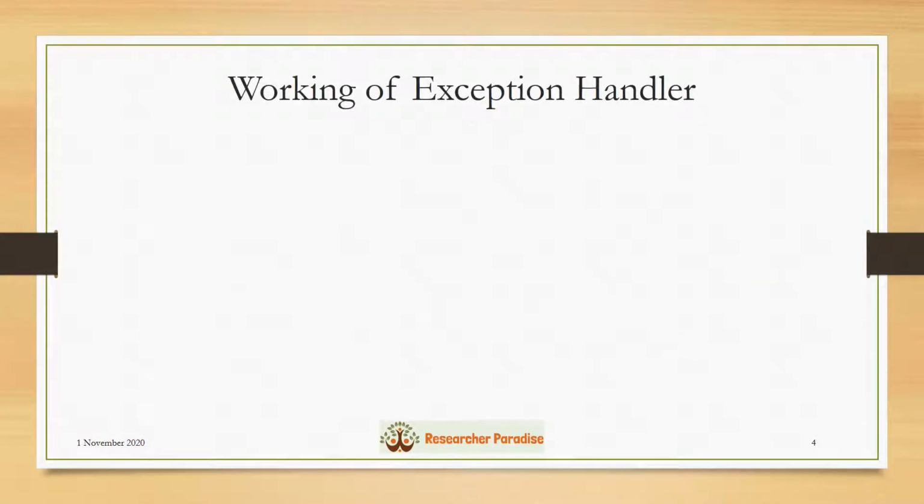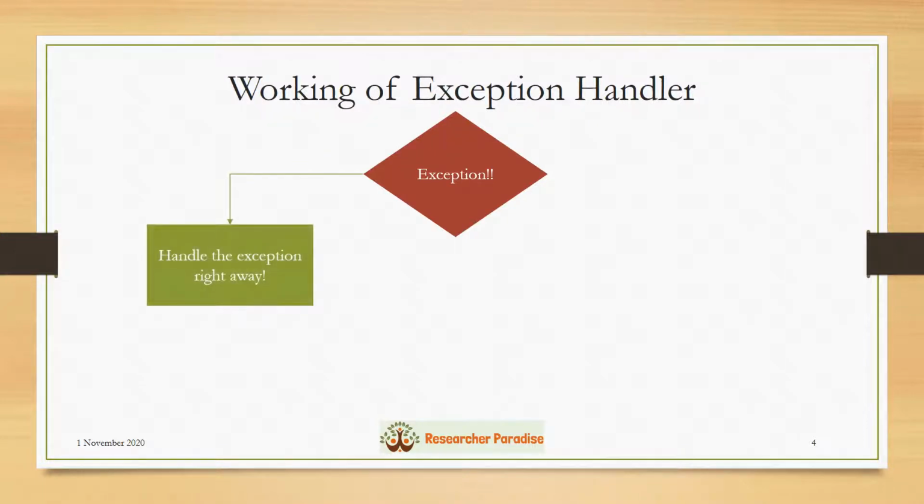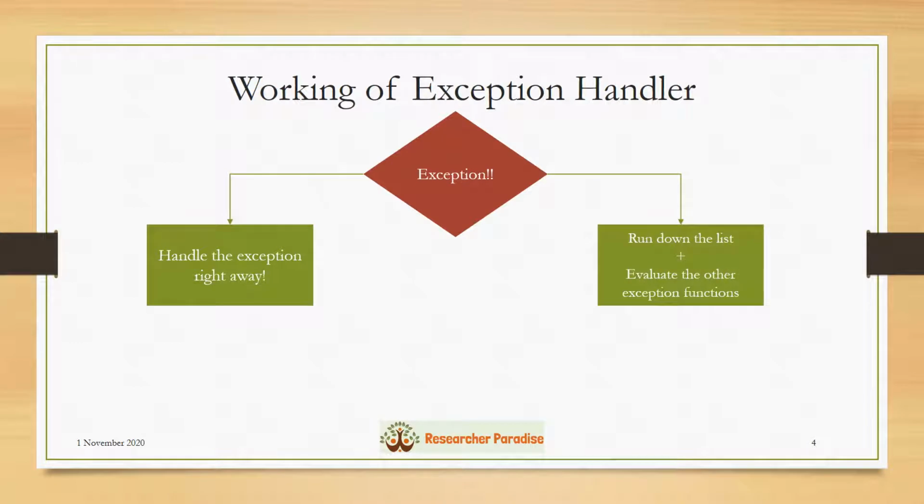Now when the OS faces an exception, it has two options: either to resolve the exception right away or run down the list of exception handlers and evaluate other exception handler functions which are suitable to solve that particular exception. To perform this action, the exception handler requires two things.